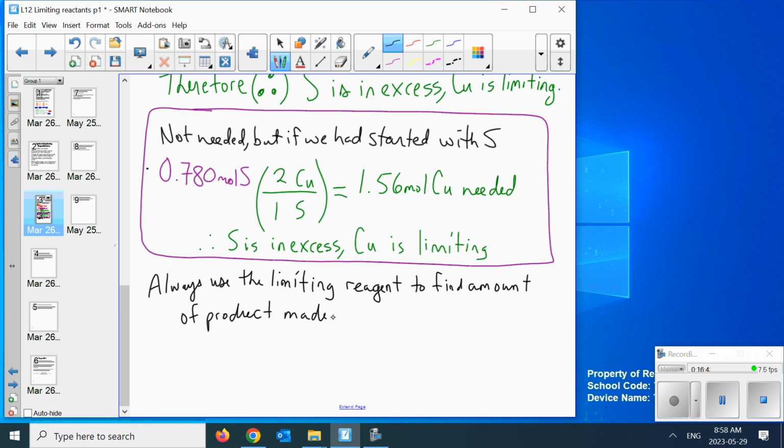Always use the limiting reagent to find the amount of product made. I see I missed that off. I'm finding.